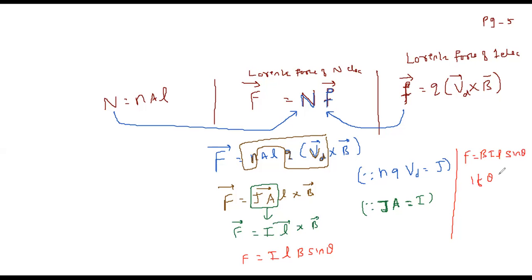If theta is equal to 90 degree, then F is equal to what? BIL sin 90. What is sin 90? 1. F is equal to BIL. So maximum force. And the wire moves ஆரம்பிச்சிரும் with the force of BIL.